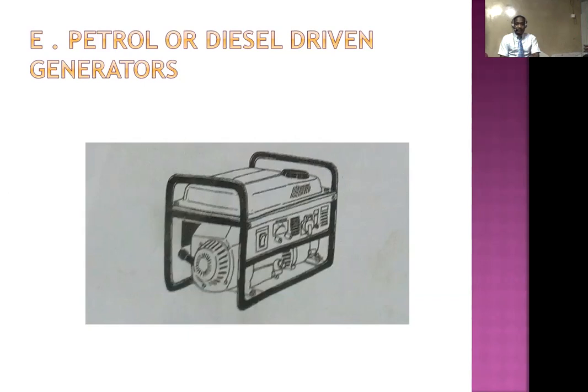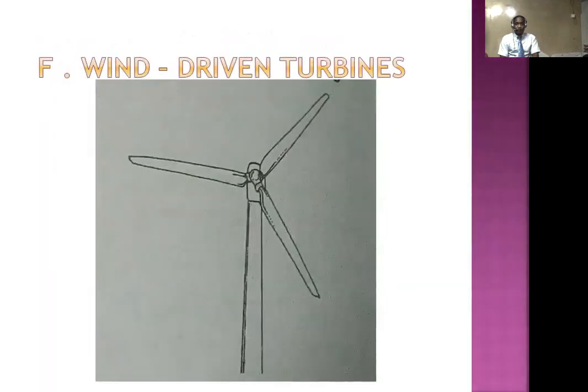Next, we have wind-driven turbines. Pupils, wind-driven turbines, these are turbines rotated by moving air. Moving air is what is referred to as wind. What is wind? Wind is moving air.